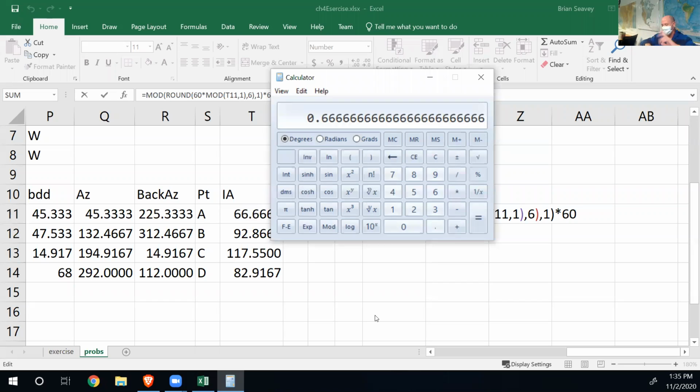I need to multiply that by 60, and I get 39.9999. But if I truncate that, I'm going to write down 39 instead of 40, and that's where the problem is. If I round it to 6 decimal places, I get a 40 and no seconds instead of 39 and 60 seconds, which is kind of the same thing, but uglier.